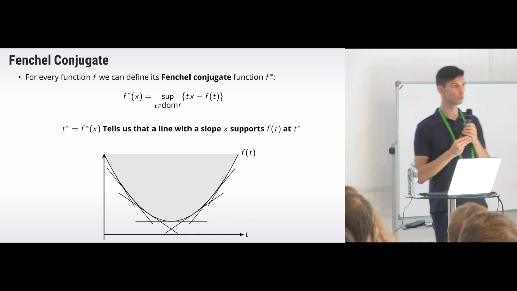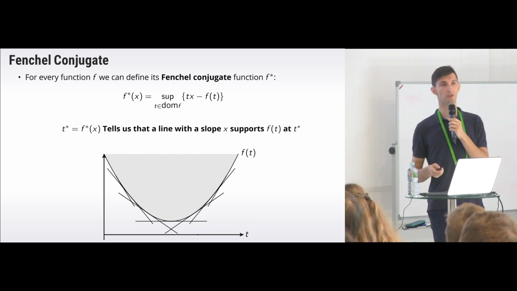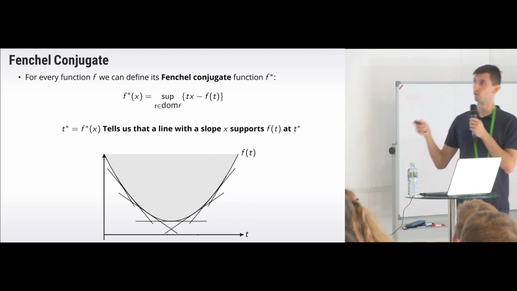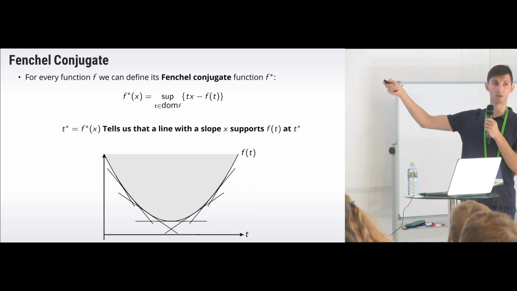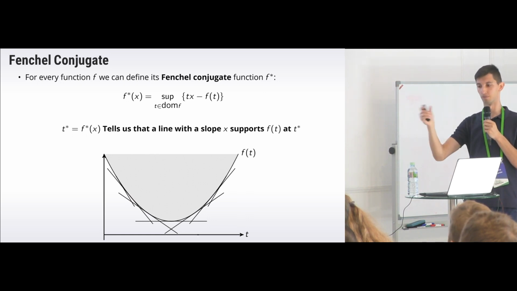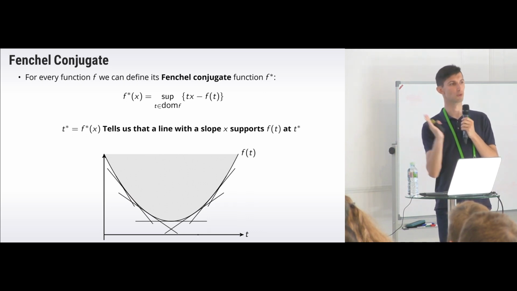Why do people actually use these Fenchel conjugates? It's especially useful in convex analysis. For any convex function, you can either describe it with the function itself, like the value as a function of the argument, or you can describe it with a set of supporting hyperplanes.